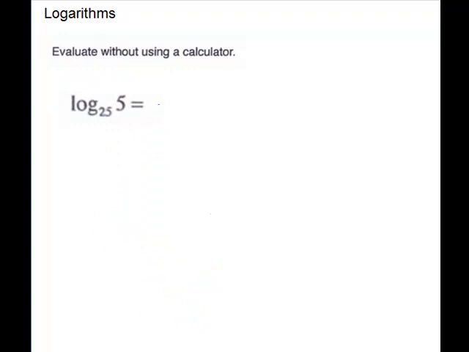So we will set this equal to x, and we can change the form. 25 to the x is equal to 5. So we would like to rewrite the base on the left. So 25, we would like to rewrite it as 5 to some power. So 25 is 5 squared.